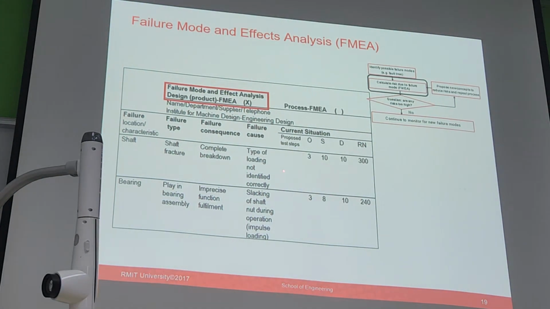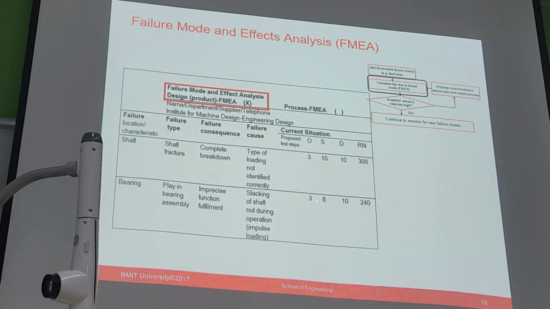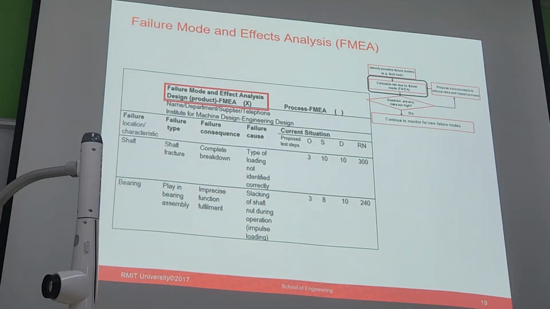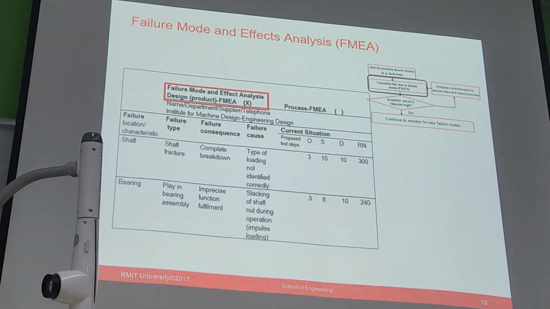And the O is 3, S is 8, and D is 10. 3 multiplied by 8, 24, multiplied by 10, 240. Is that correct? So maybe ask me, Hamid, how can I understand OSD? How much is that?